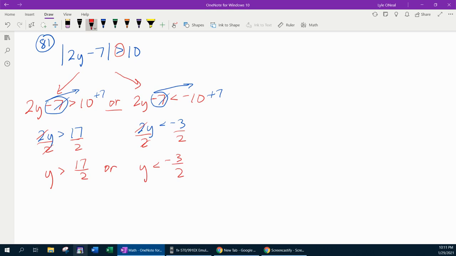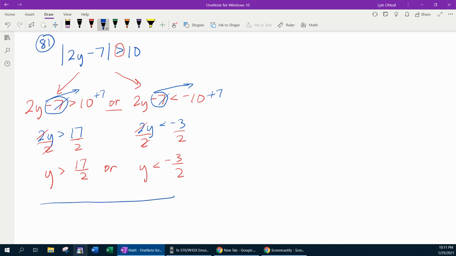You know what? If you wanted to make those decimals, like the -3 halves would be -1.5, since it's a terminating decimal, that would be okay. If it was a repeating decimal, you would definitely want to leave it a fraction. But terminating decimals, it's okay if you convert them to decimal form.